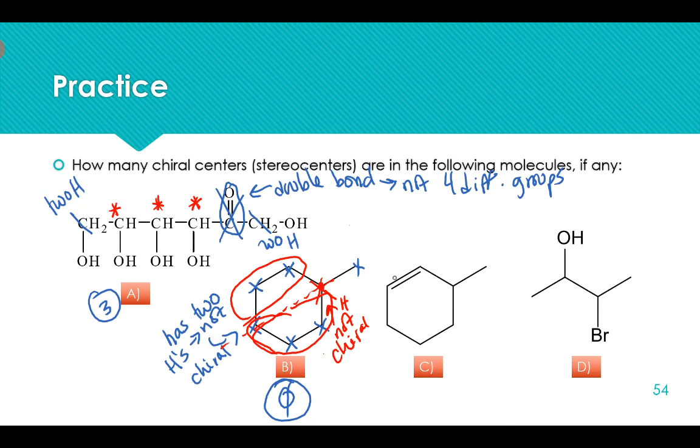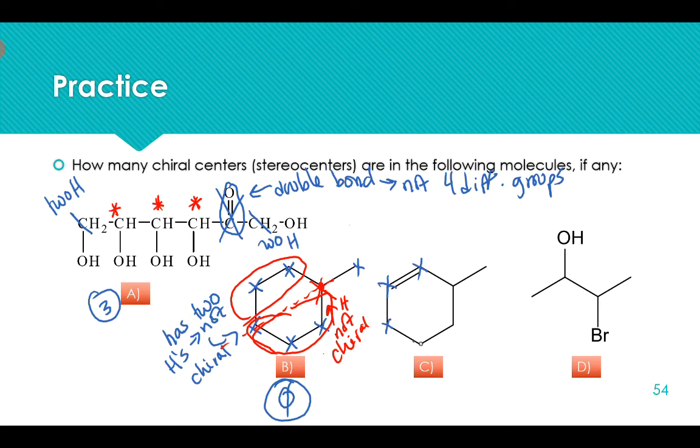Now we have this double bond here. That's going to mean that each of these only has 1 hydrogen on it. But it also has a double bond between those 2 carbons, meaning these 2 carbons do not have 4 different groups, because they do have a double bond to them. So these 2 are still not chiral.